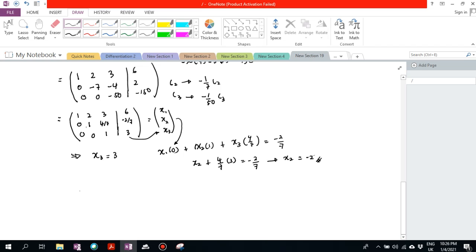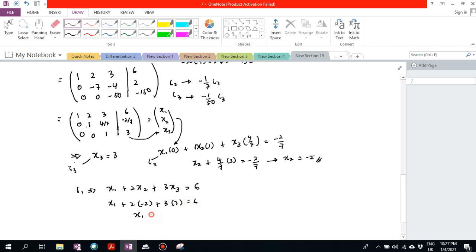Okay, so when you get x2 is negative 2, you can do it for x1. For row number 1, x1 plus 2x2 plus 3x3 is equal to 6. When you put everything in, you will get x1 plus 2 times negative 2, plus 3 times 3, equal to 6.